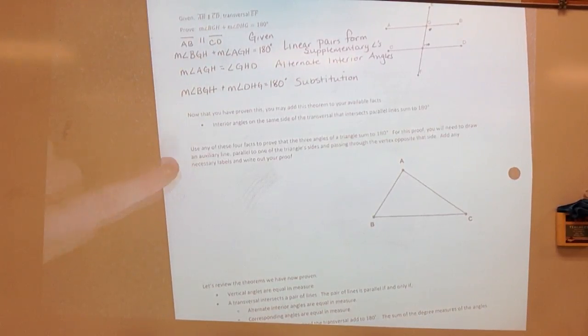Use any of these four facts to prove that the three angles of a triangle sum to 180 degrees. For this proof, you will need to draw an auxiliary line parallel to one of the triangle sides and passing through the vertex opposite that side. Add any necessary labels and write out your proof.